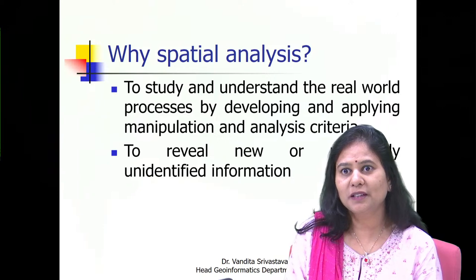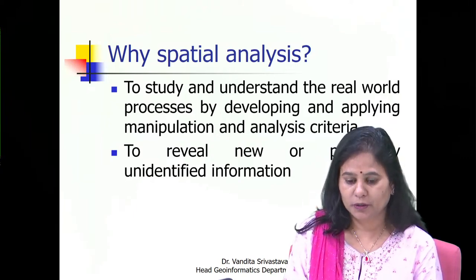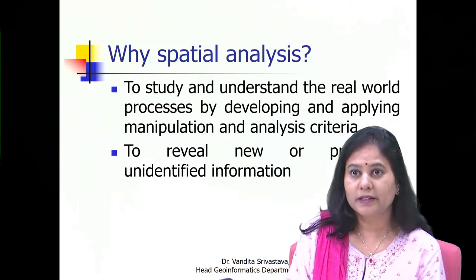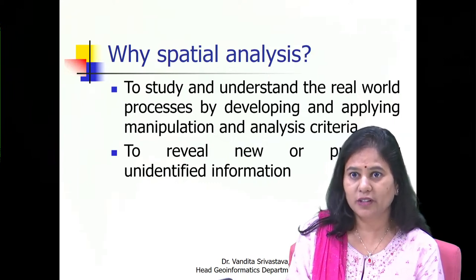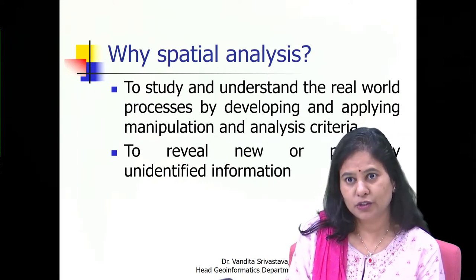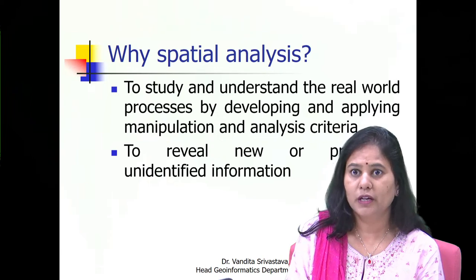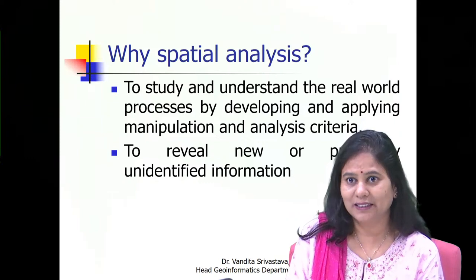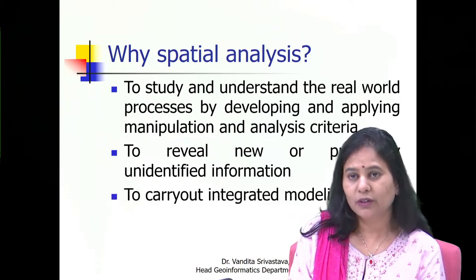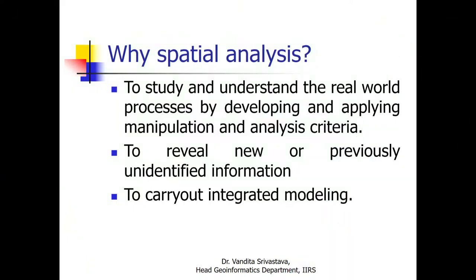If we want to see the impact of human activities, or the natural processes, like soil erosion or any such processes, we can describe our study area in the geospatial domain, and then develop certain manipulation criteria to reveal information that was either not present or was hidden in the data set. We can also carry out integrated modeling, as I said. These are some of the reasons why we should carry out spatial analysis.